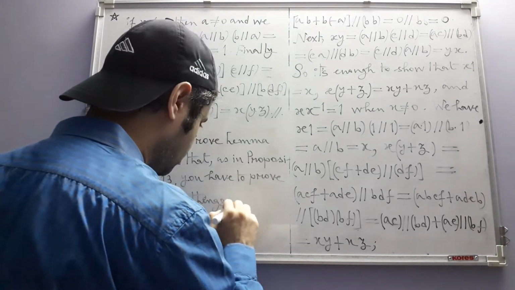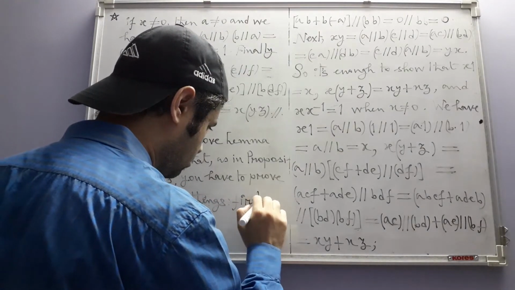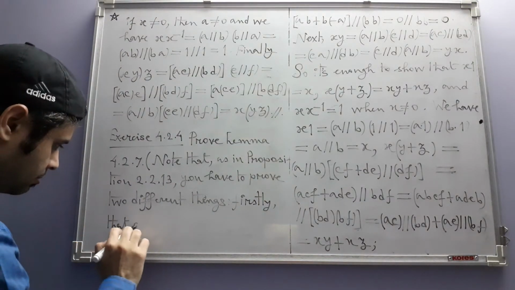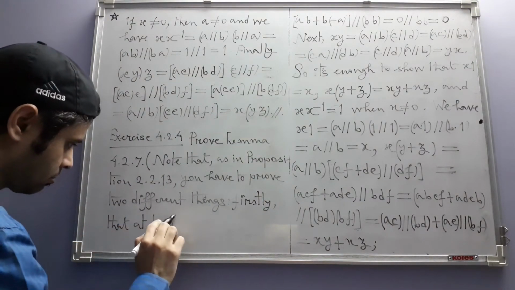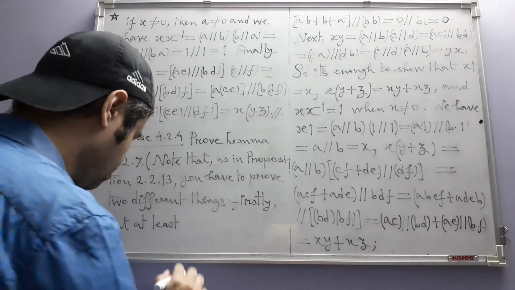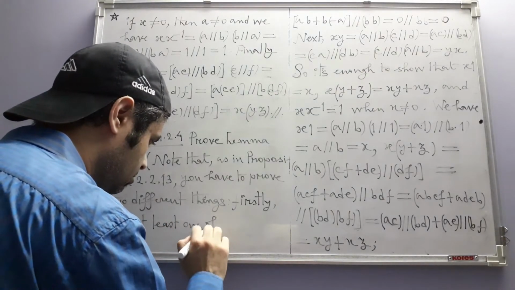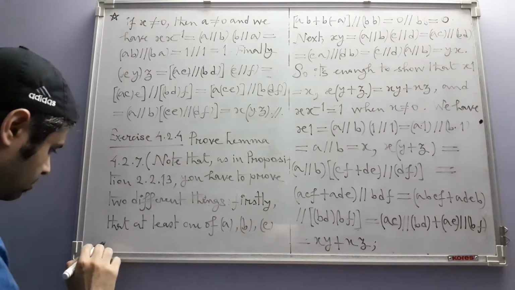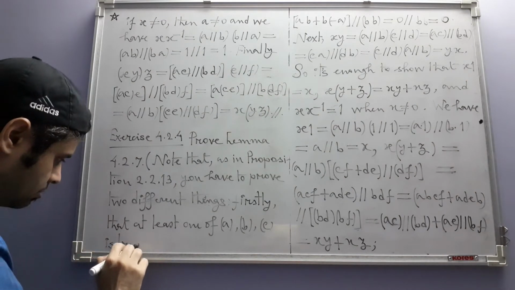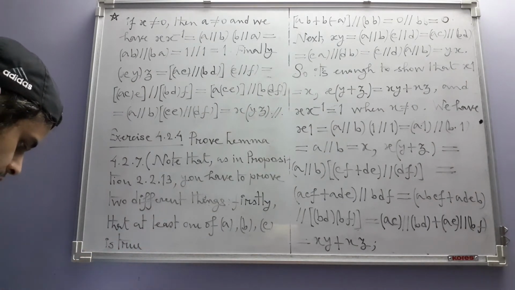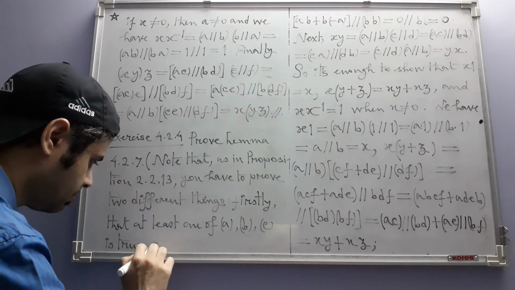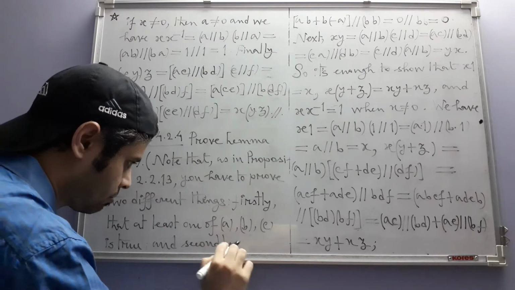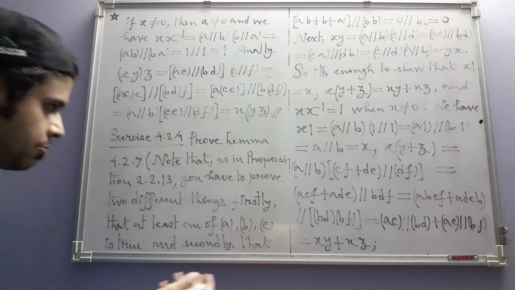Firstly, that at least one of A, B or C is true, and secondly, that at most one of them is true.